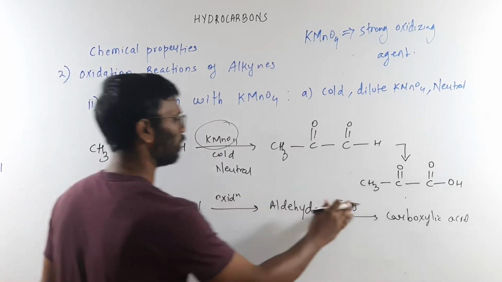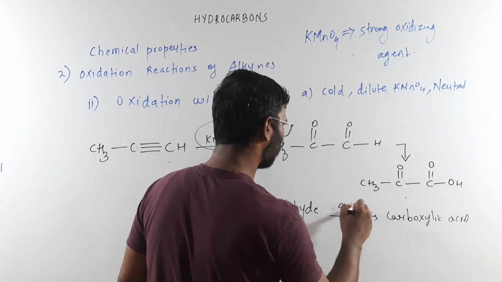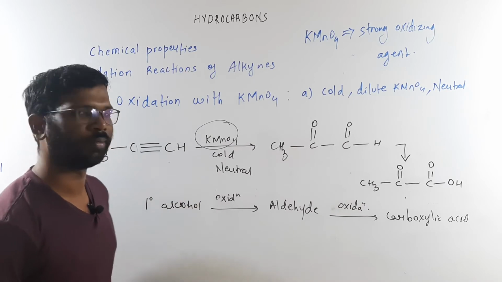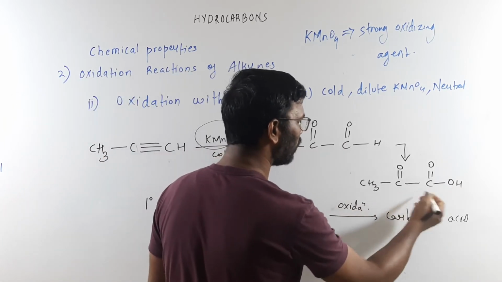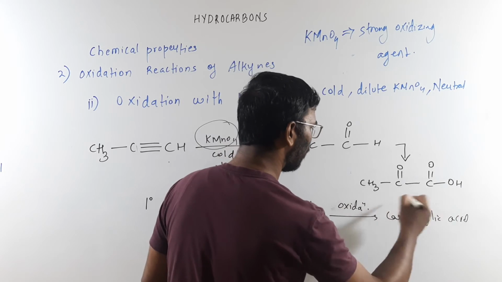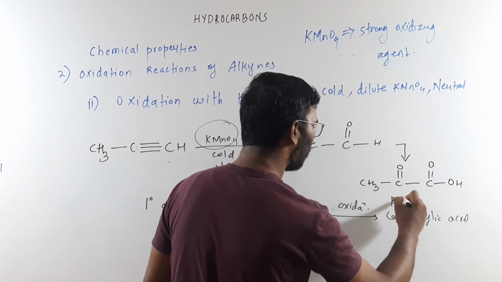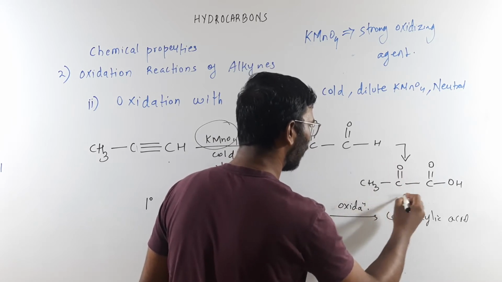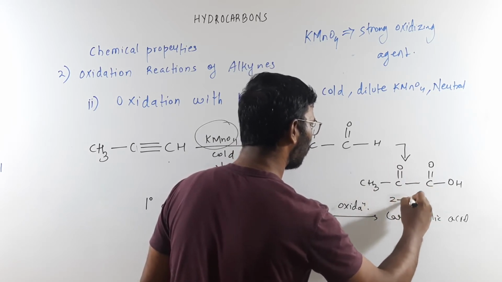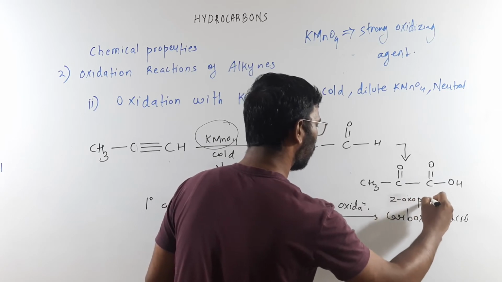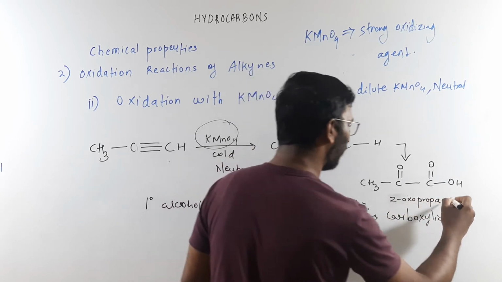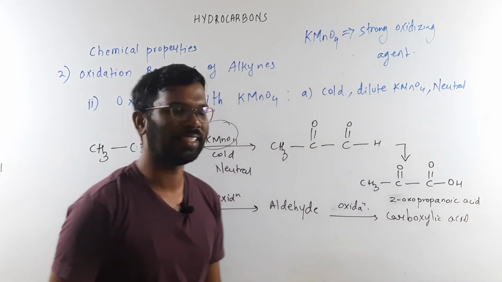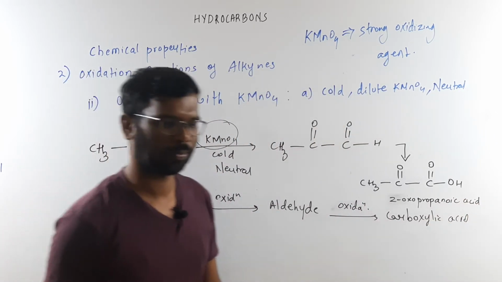Remember this sequence. It's so simple. So the name of this is prop, and oxo I will write because this is a substituent, at the second position: 2-oxopropanoic acid will be the name of this compound.